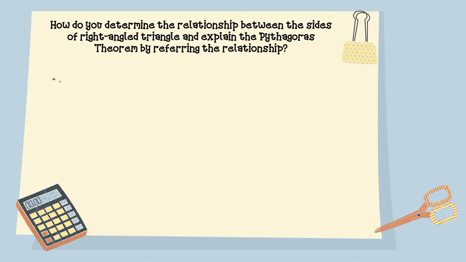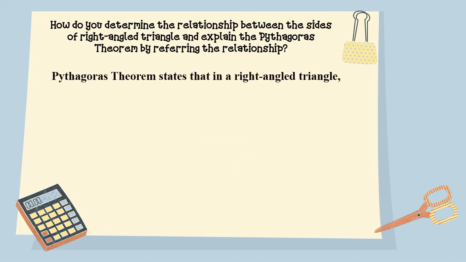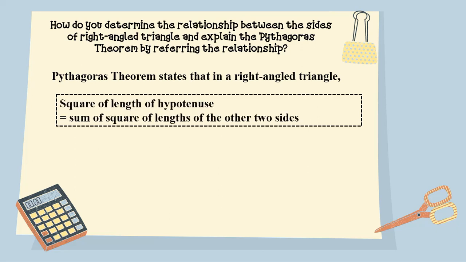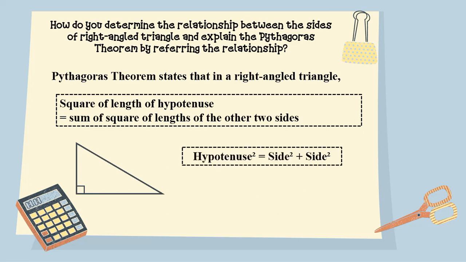Okay, so Pythagoras theorem says that in a right angle triangle, the square of the length of the hypotenuse equals the sum of the squares of the lengths of the other two sides. So let's say this is your right angle triangle. So we have the hypotenuse square equal to one side square plus the other side square.